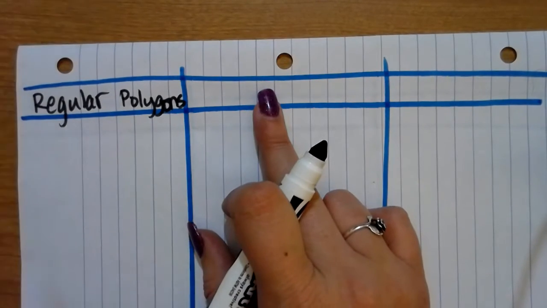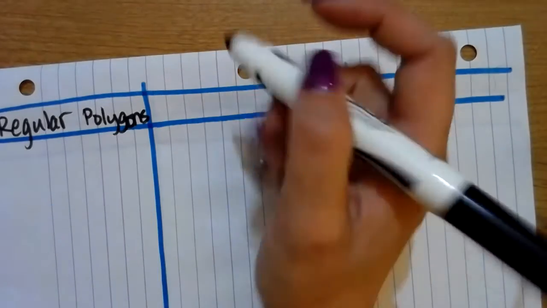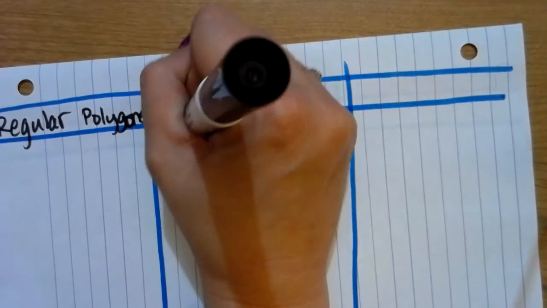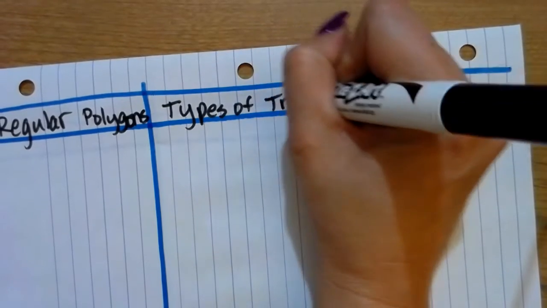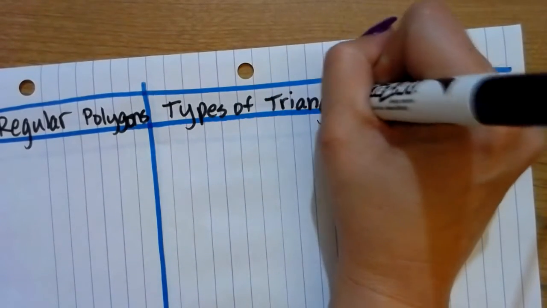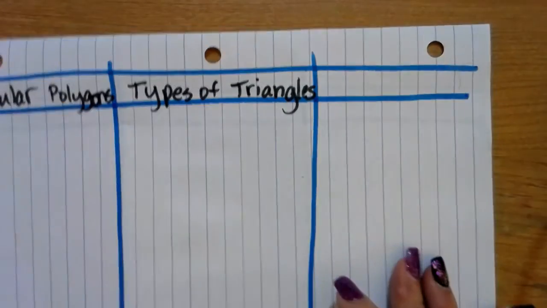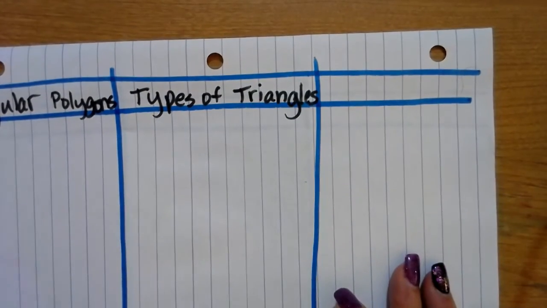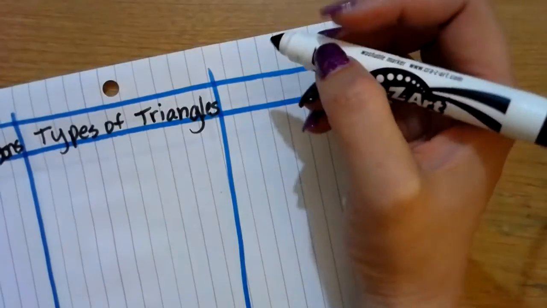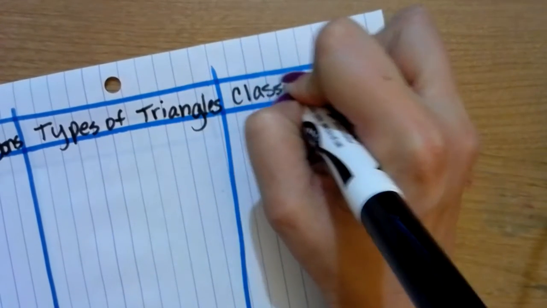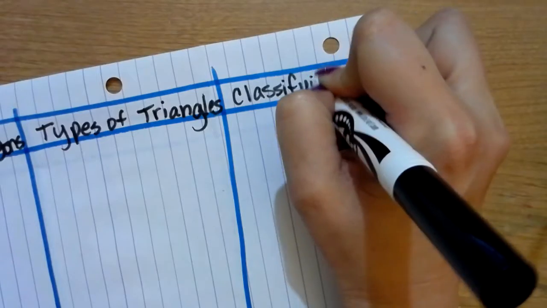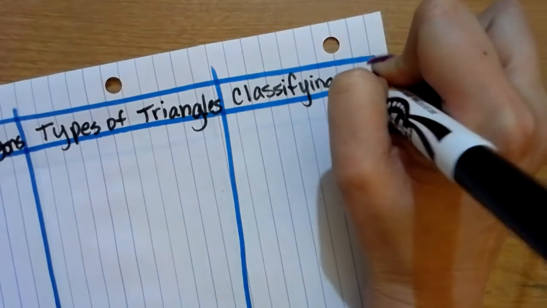Next one over, I want you to do types of triangles. Next one over, I want you to label it classifying shapes.